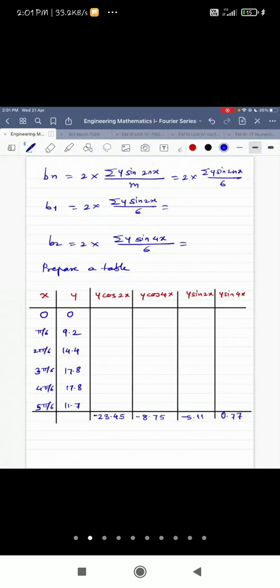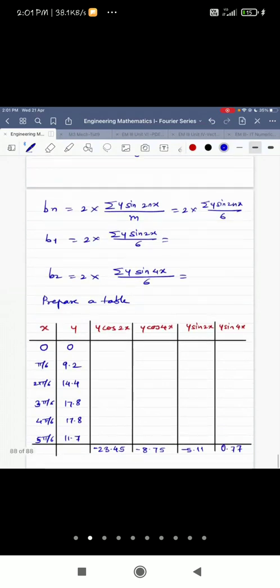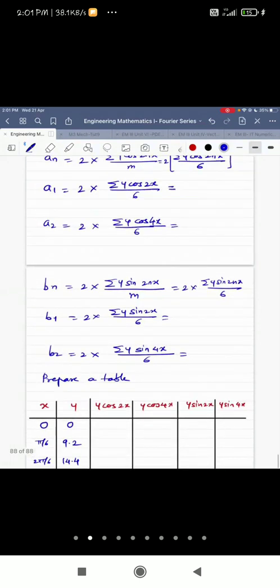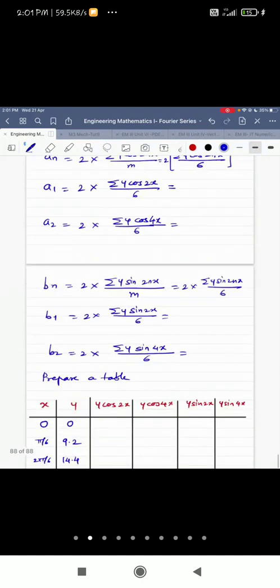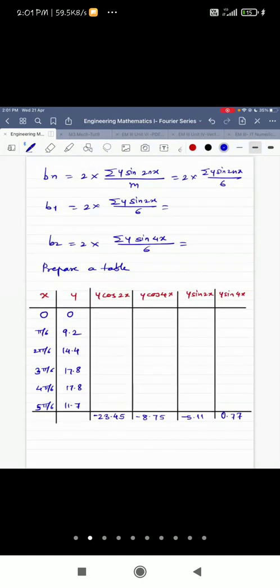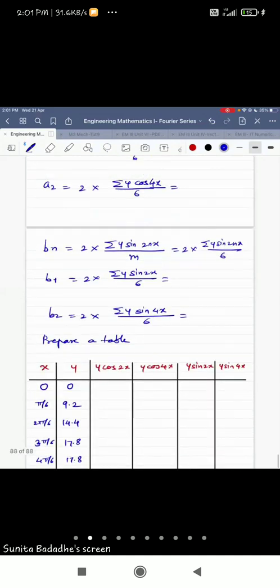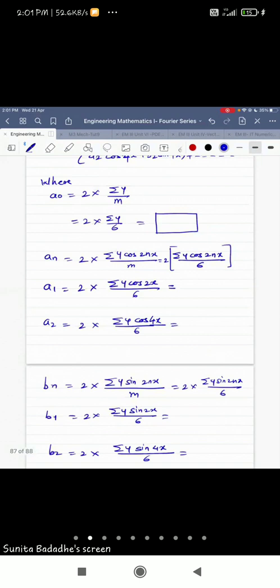You all have to complete the table and get these values. And now what we'll do, we'll put those values here. So summation y, have you given the answer for summation y? It is 70.9. This summation also we need. So these all totals we need, those are written here. So now I'll put those values here. So summation y is, so the 2 and 6 will cancel each other.